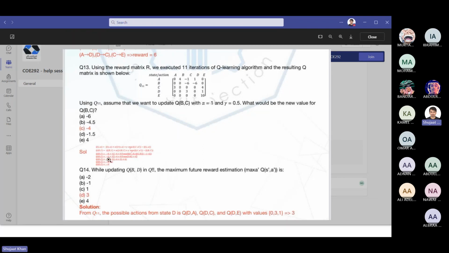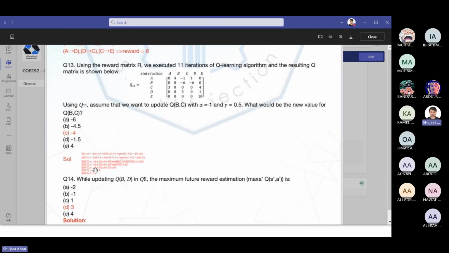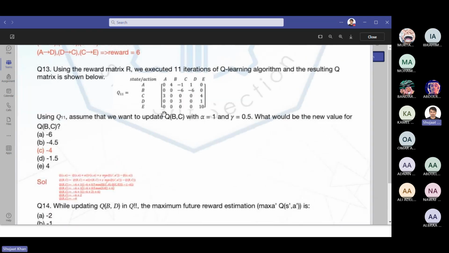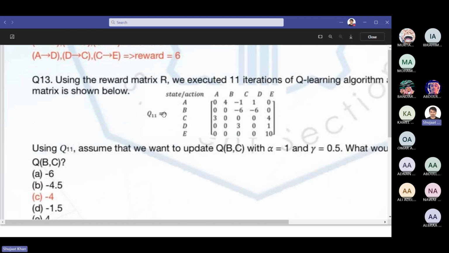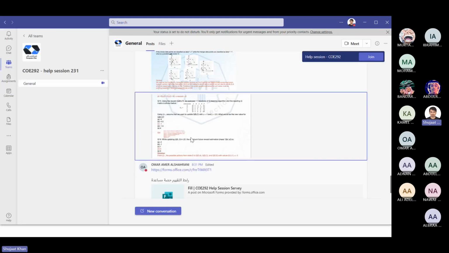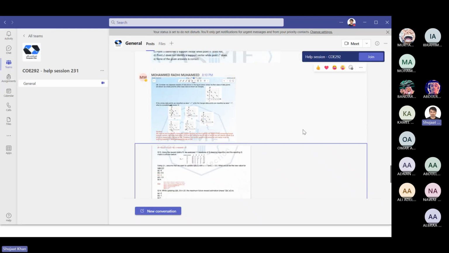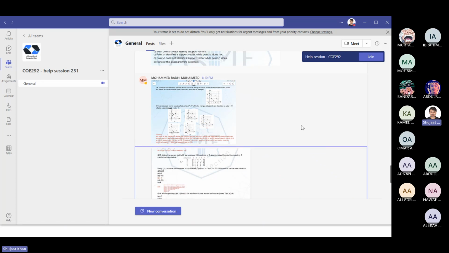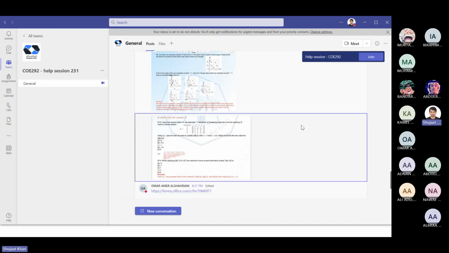So this one is actually quite self-explanatory. You have the equation, the formula, and I'm not sure we have the time to finish all the others. So if you want, we can pick one more question and then we can end here. So which one do you want? This one or this one?